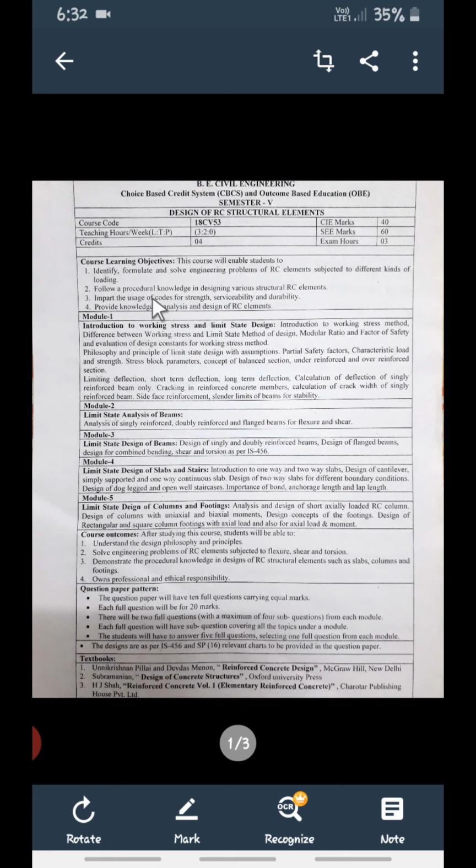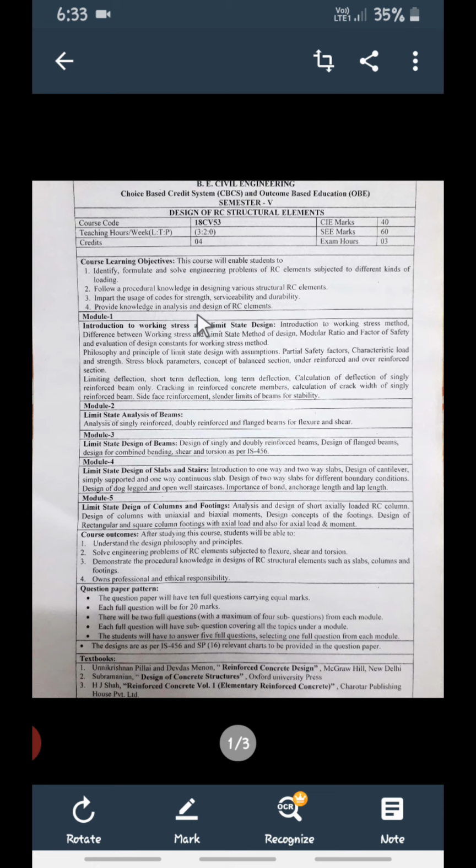Different methods will be there for the design of these elements. Once you complete this subject, you are familiar with the different types of methods to be used for the design of elements. Then we are using different codes. Based on the design, we use the codes, so using various codes we are going to design the elements.